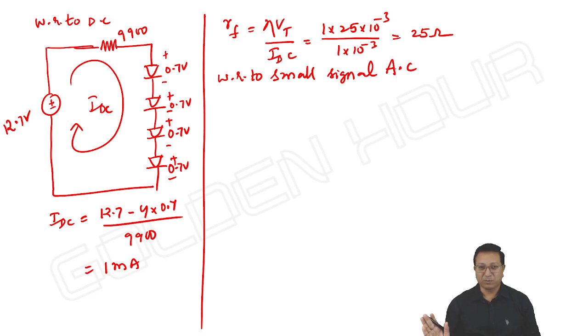It is not at all superposition. While finding the DC currents and DC voltages, we are using only the DC source. While writing AC currents and AC voltages, we are using the AC source. But it is not superposition. Please do observe this.